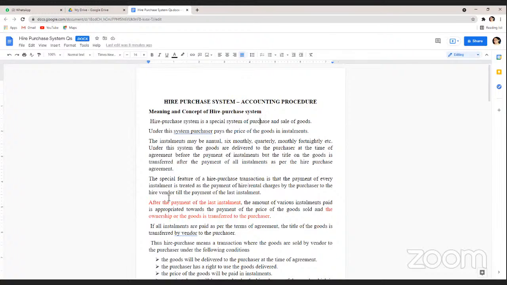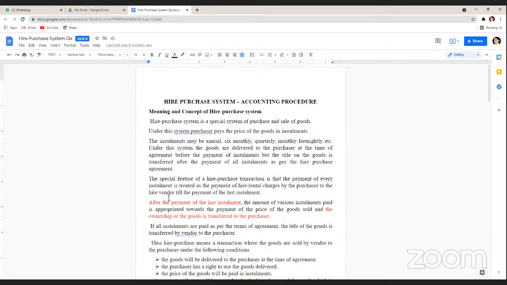At any given point of time, if the purchaser does not like the product, he can return it, and the seller will take possession of the product. On default of payment, or when the purchaser doesn't want the asset, the seller will take possession of the asset.